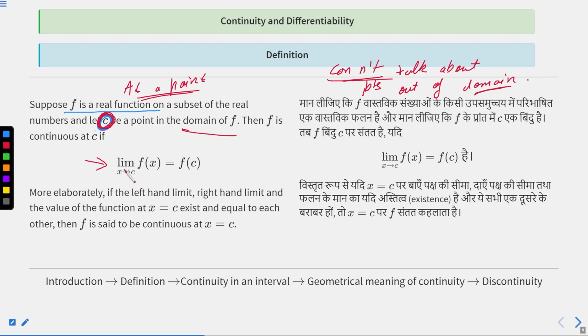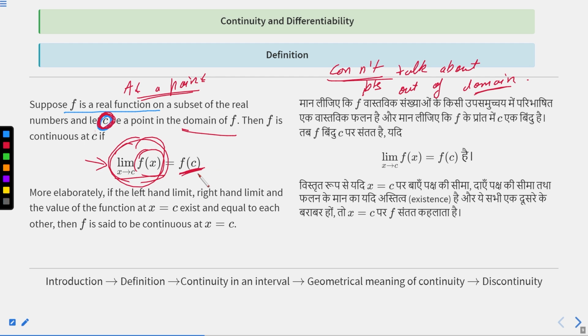So f is continuous at c if this limit holds. My function is whatever is given to me, f(x), and c is from its domain. As x approaches c, its limit is f(c), the actual output of the function at point c.